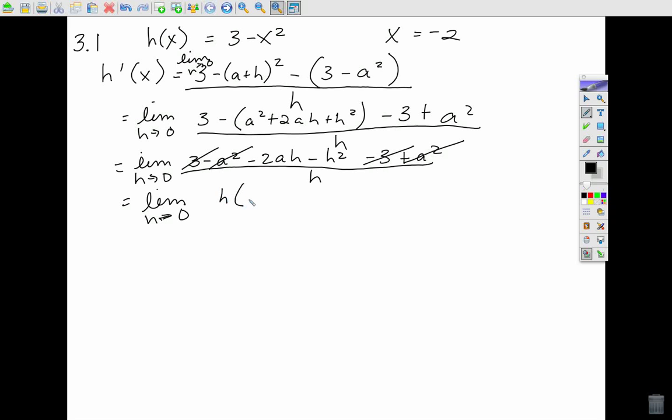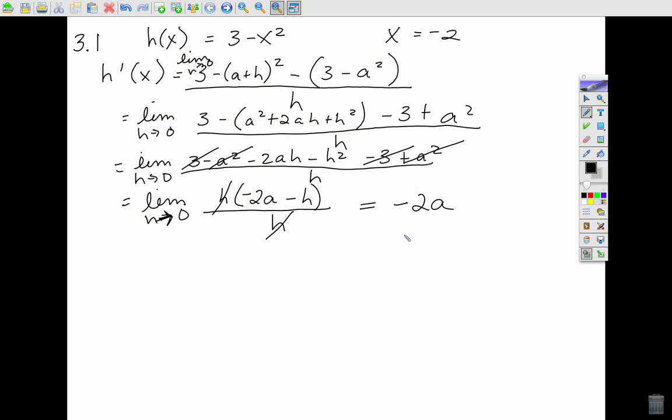And I can pull an h out. So I'm going to have h, and then I'll have -2a minus h, all over h. Do you see what I did? I took that h out right here. These can cancel. I can substitute in h approaching 0, and my answer is -2a.